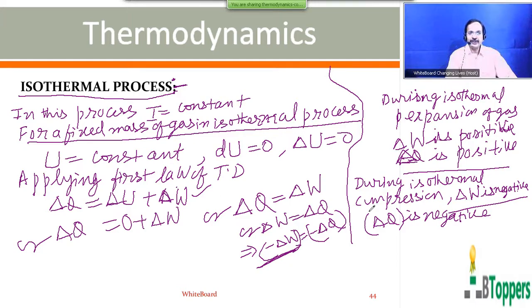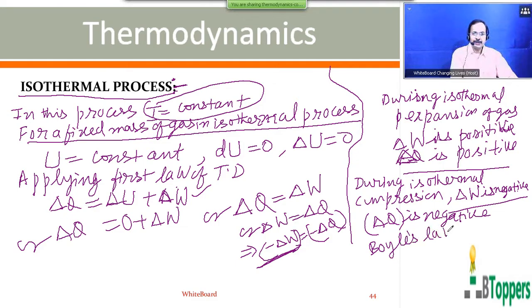So a very, very slow expansion or very, very slow compression of gas contained in a conducting vessel can be approximately considered as an isothermal process. So in an isothermal process, temperature remains constant. So for a fixed mass of an ideal gas in an isothermal process, Boyle's law will be applicable. Boyle's law is applicable for an ideal gas at constant temperature. That is, the product of pressure and volume remains constant.